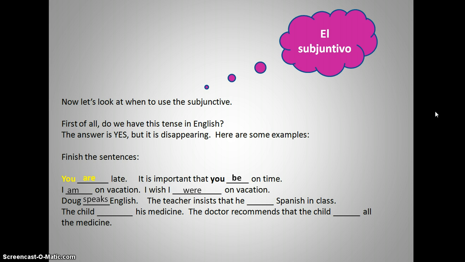The teacher insists that he speak Spanish in class. And the last one, the child takes his medicine. The doctor recommends that the child take all the medicine. So here we have the indicative in the first sentence versus the subjunctive in the second sentence. As I stated, you may not really understand or have even noticed it in the past when we've been speaking English because it's our native language.